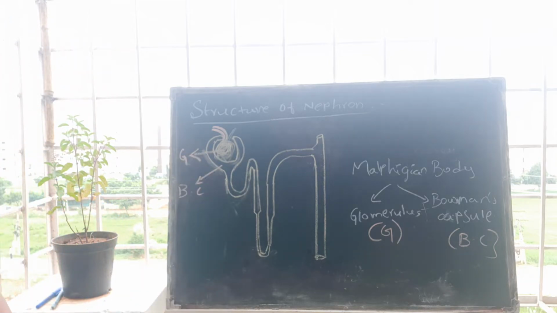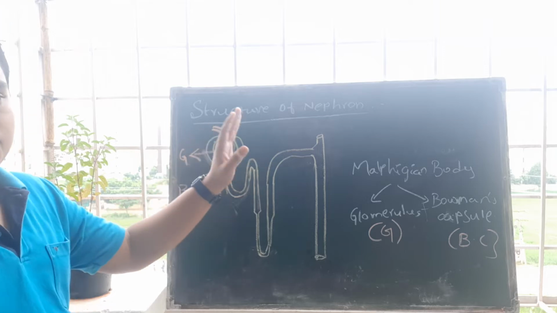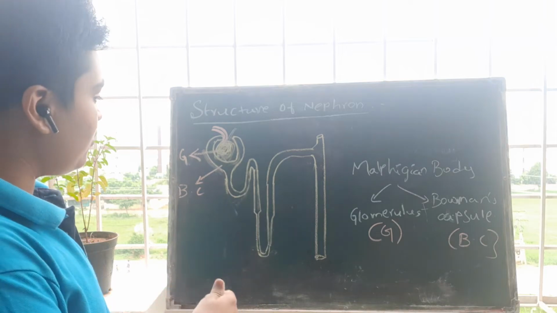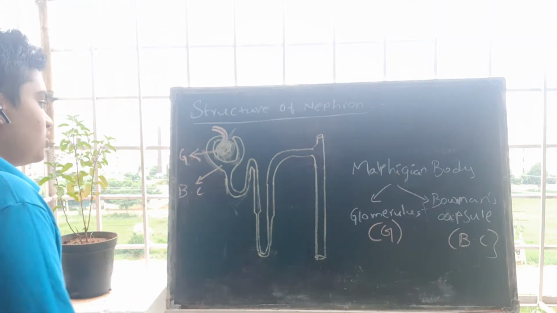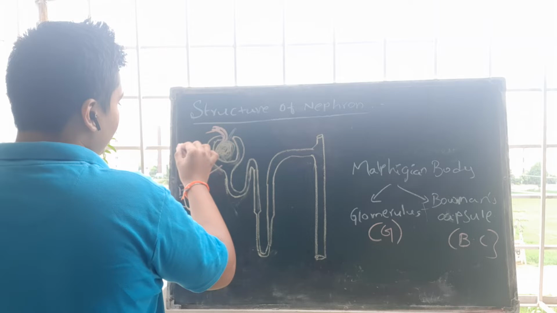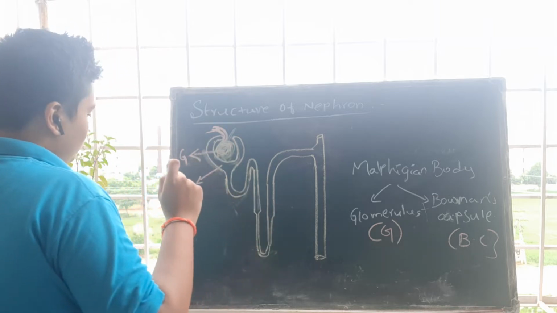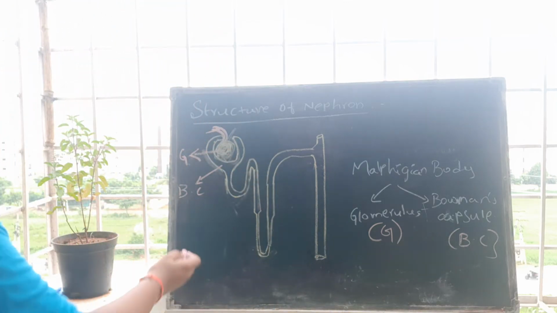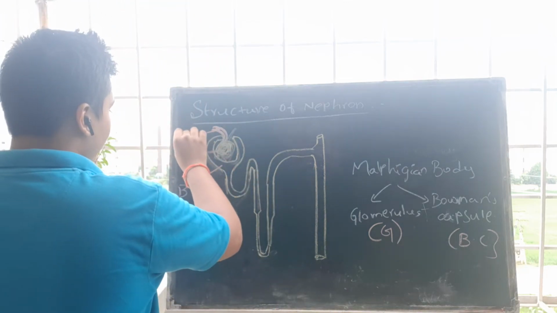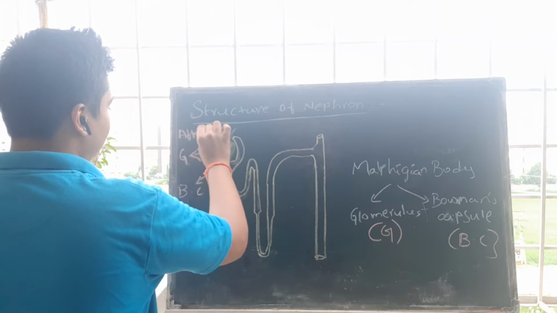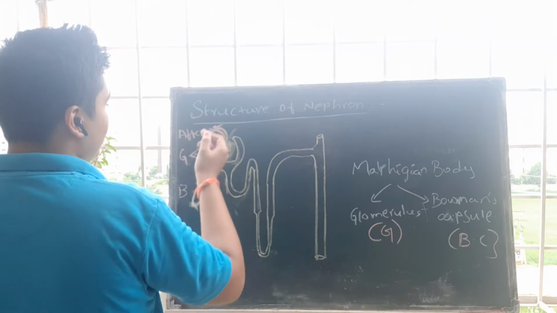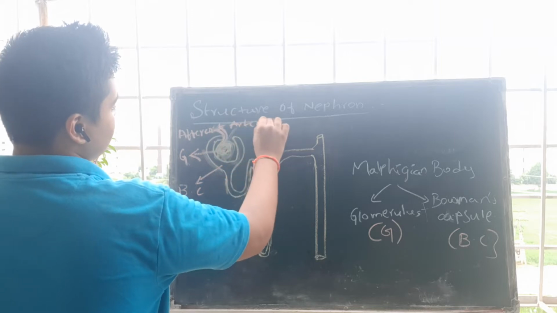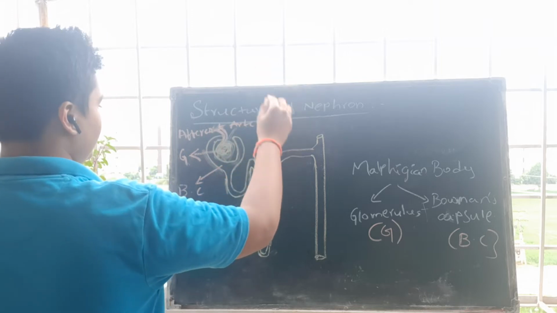Now you can see there are two branches of arteries and veins, drawn in red or pink and blue. This red one is the renal artery's branch, known as arteriole, also called afferent arteriole.